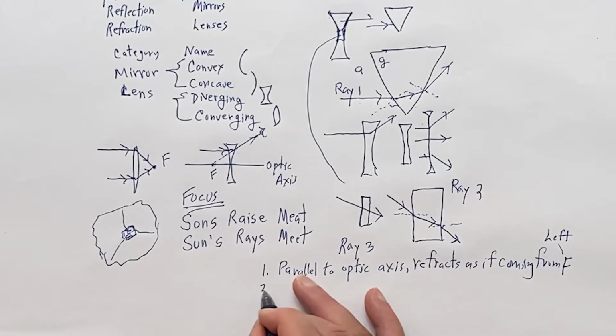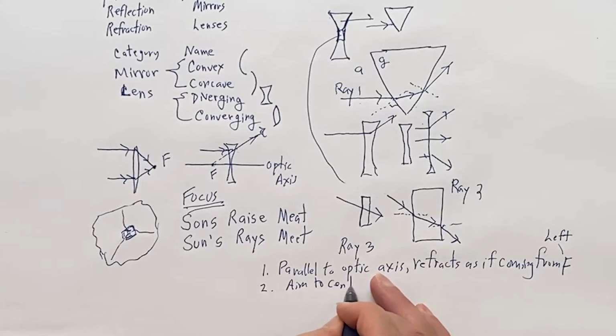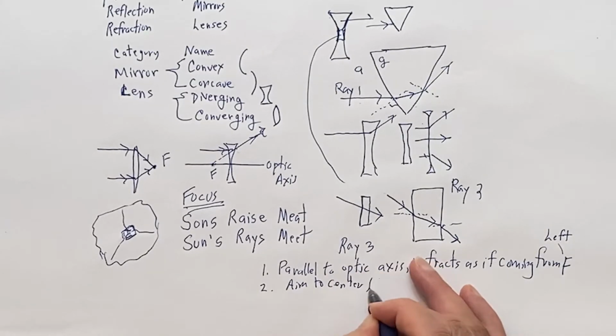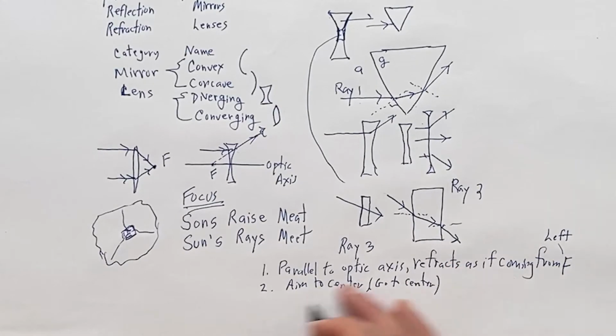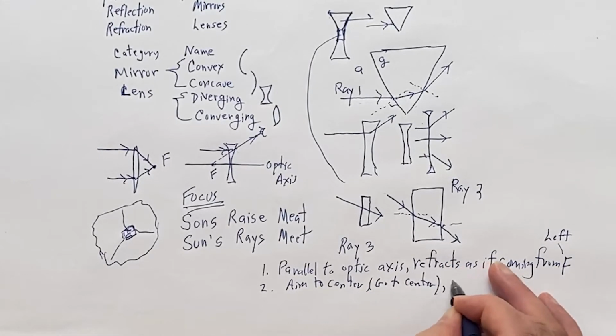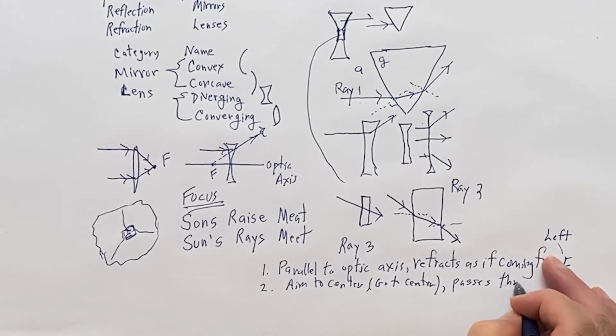And then 2, if you aim to the center, or go to the center, you go straight through. So that passes through.